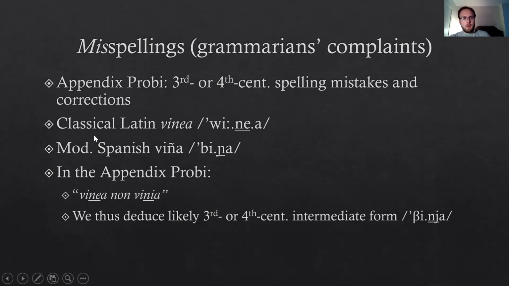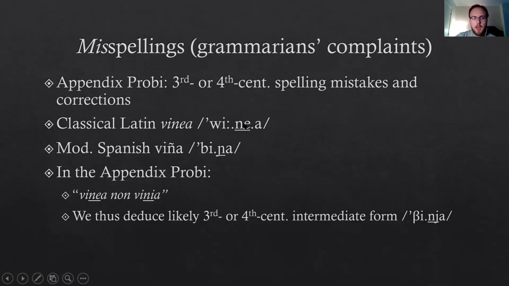And so we have what in proper classical Latin of the 1st century BCE was probably written "winea" and probably pronounced "winea." And in modern Spanish, we see this written as "viña" and pronounced something like "piña."